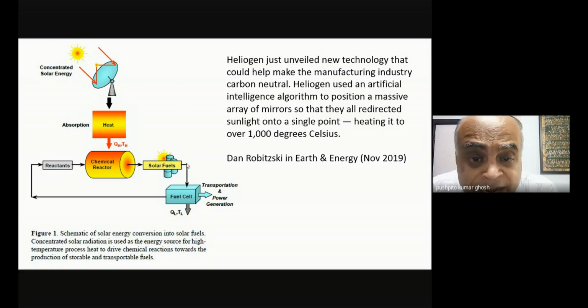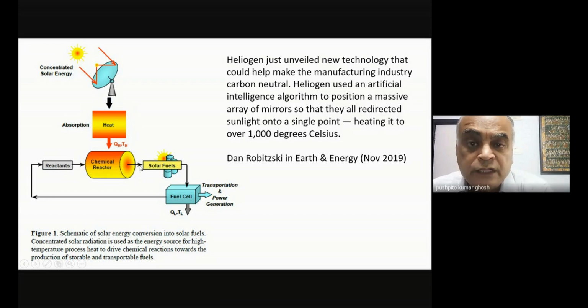Many times, when these are used in a fuel cell, some of the constituents you can again recycle as reactants into this reactor. So you can see it's a chemical reactor, meaning there are chemical reactions taking place.